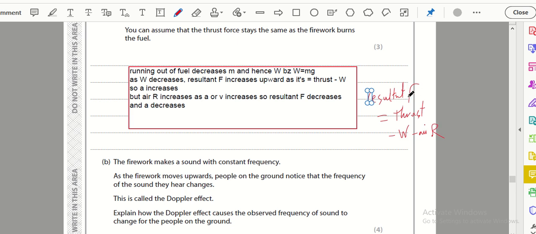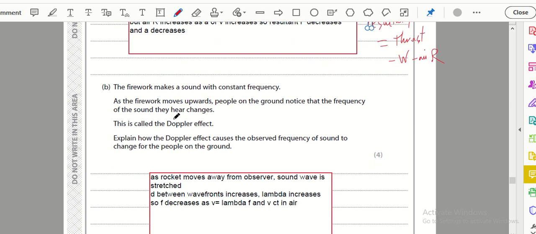And as the resultant force decreases because of the increasing air resistance, the a decreases. So a first increases and after a while it decreases.